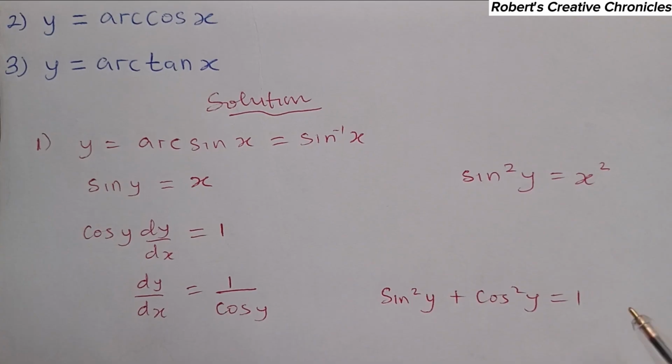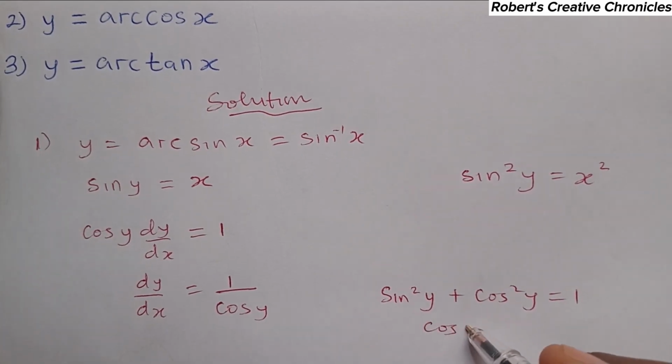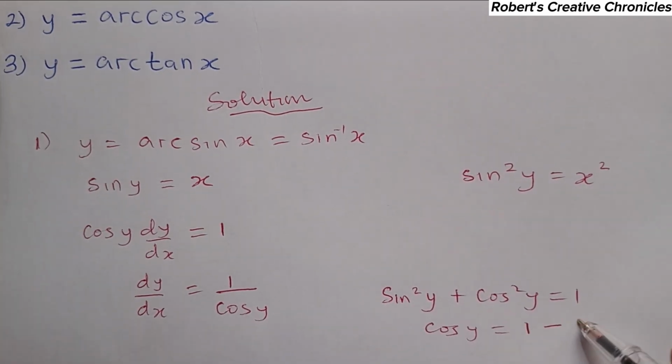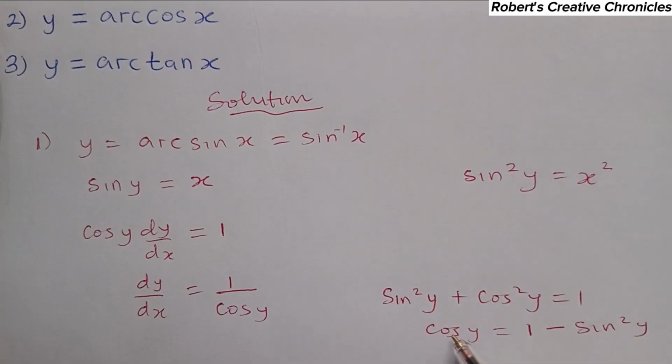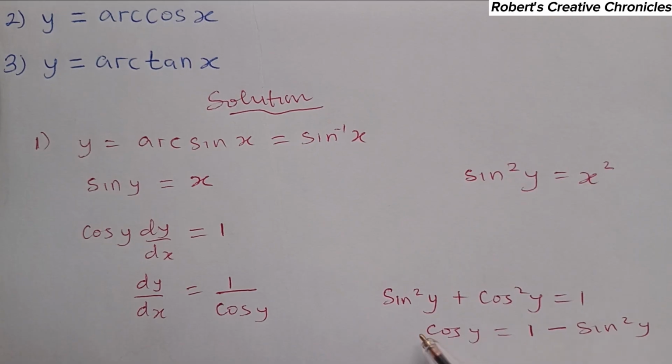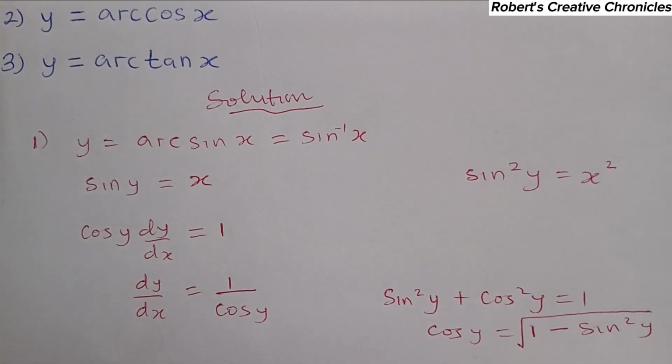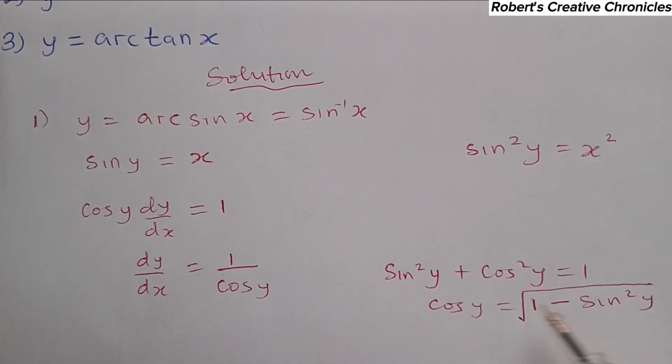So to get cos y, we take this to the other side, becomes 1 minus sine square y. Then, since cos square y equals 1 minus sine square y, cos y will be, we have to find the square root of both sides.